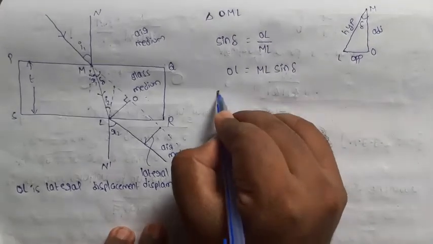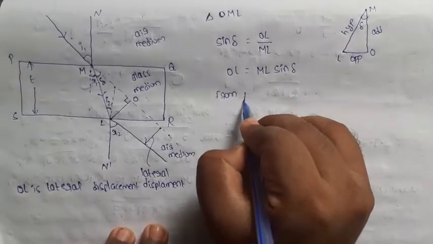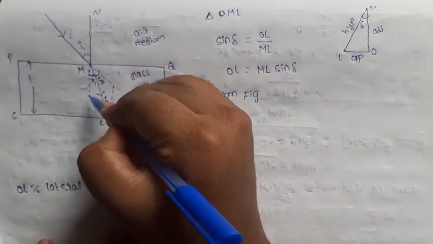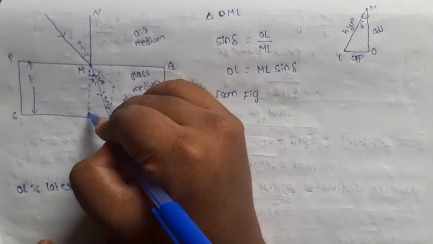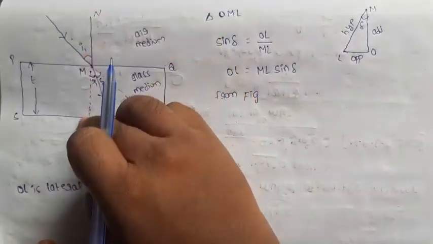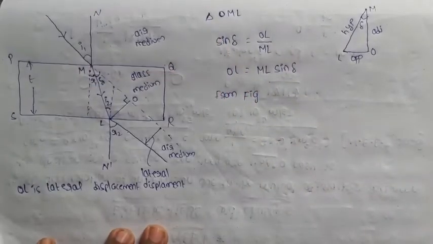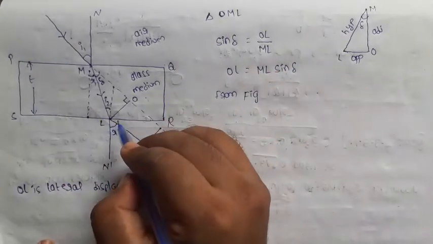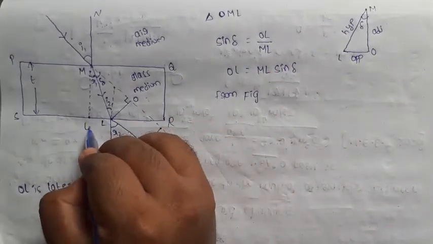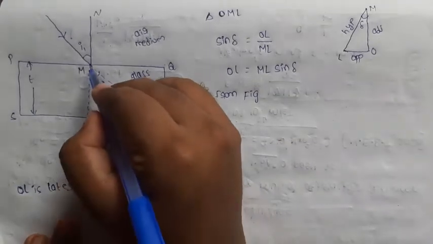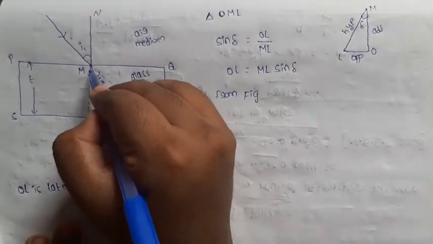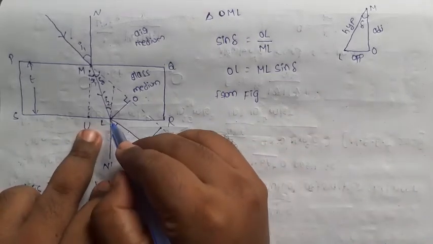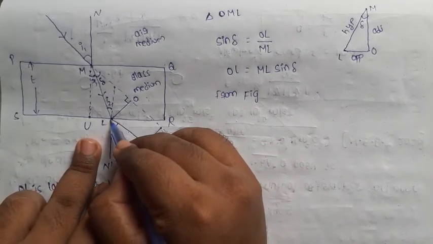Next, from the diagram, I am extending the normal line into the glass slab. This is the normal line, extended into the glass slab. I am taking here the point U. Observe, this is a triangle.